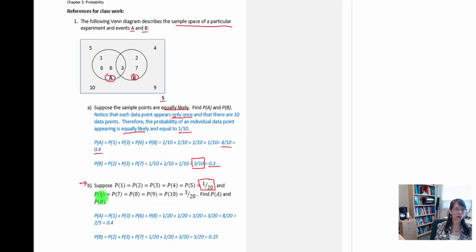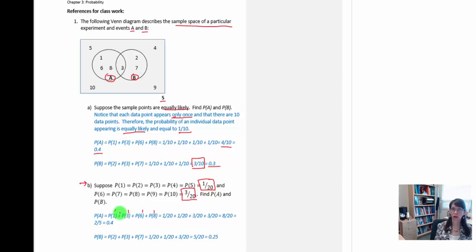And the probability of 6, 7, 8, 9, and 10 is now going to be worth 3/20. So in order to find the probability of A and the probability of event B, we're going to use these fractions now. So event A still contains 1, 3, 6, and 8.